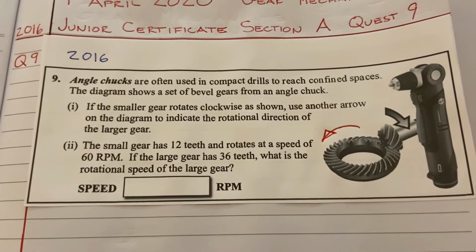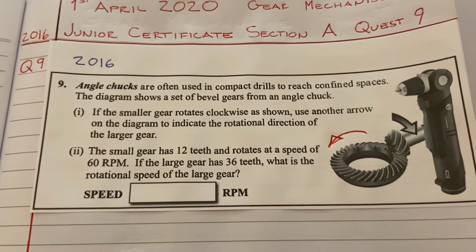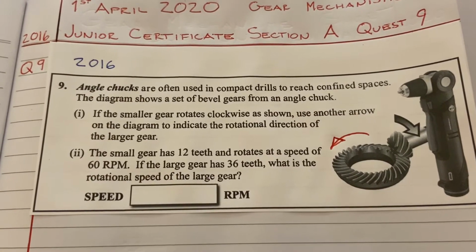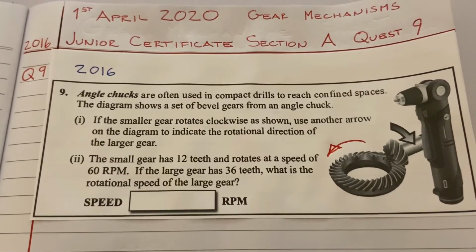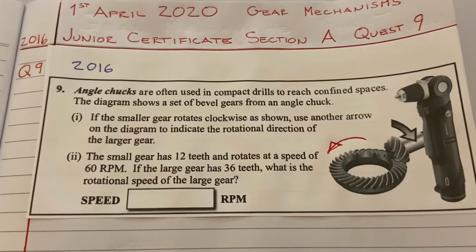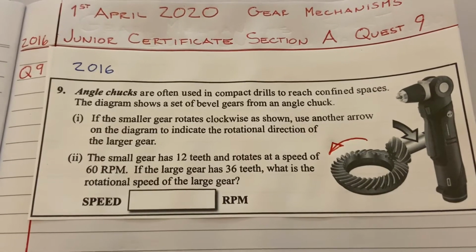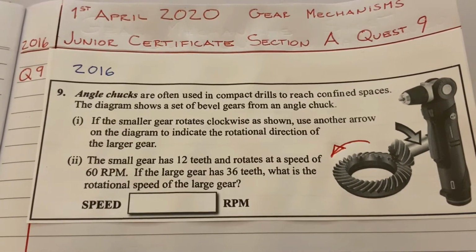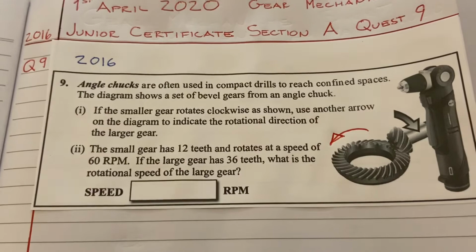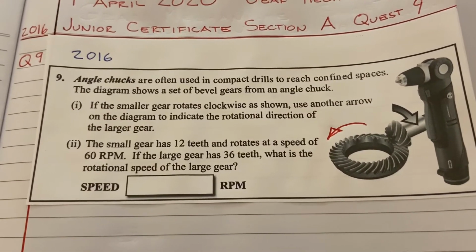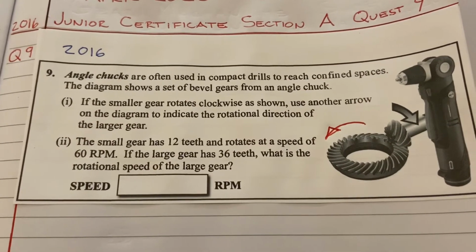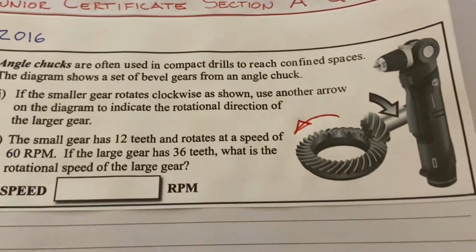The small gear has 12 teeth and rotates at a speed of 60 RPM. If the large gear has 36 teeth, what is the rotational speed of the larger gear? Now, some of you were having problems with this, and just to again explain what is going on here.